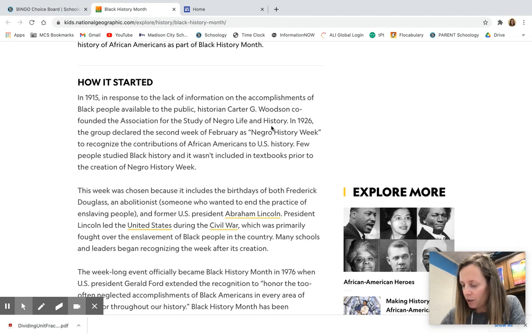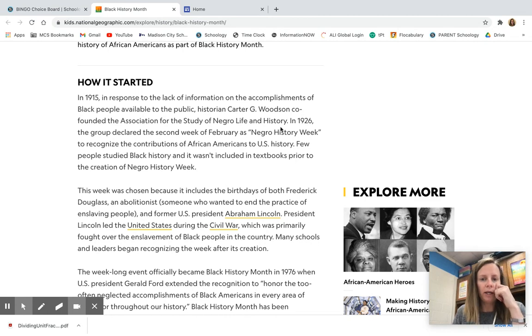So Carter G. Woodson founded the Association for the Study of Negro Life and History. Now I'm looking back and forth because I want to copy it correctly. Okay.